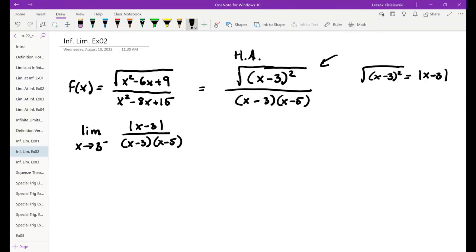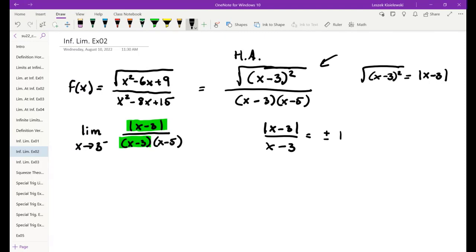Okay, so how can we simplify the absolute value of x minus 3 divided by x minus 3 as x approaches 3 from the negative side? Okay, well, it's plus or minus 1, right, but which one is it? It's not both.